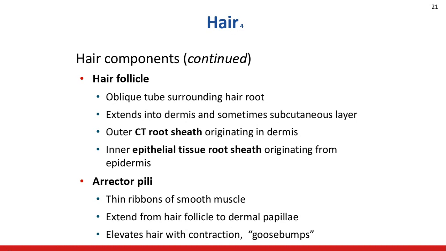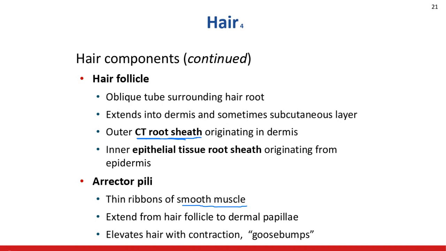That's the hair follicle, and it surrounds the hair root. It provides that connective tissue coating or sheath that covers the hair. And then you've got a smooth muscle that attaches onto the hair follicle.